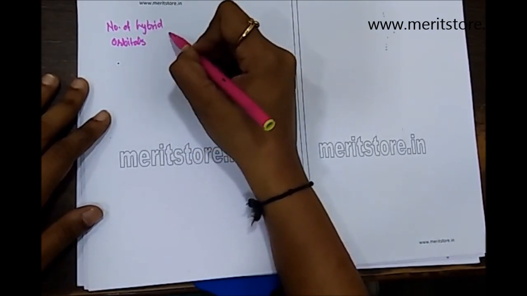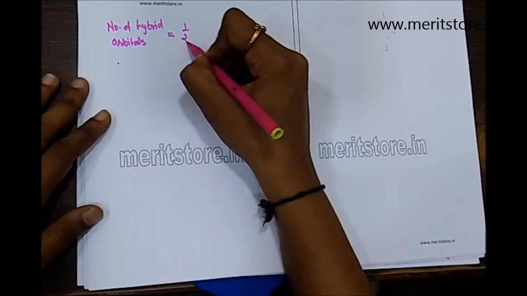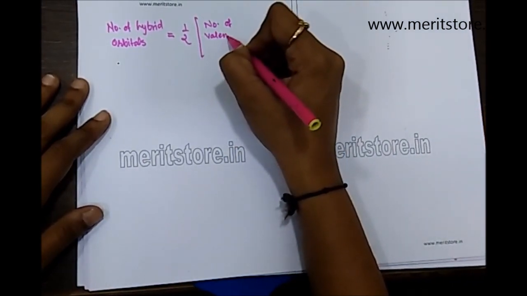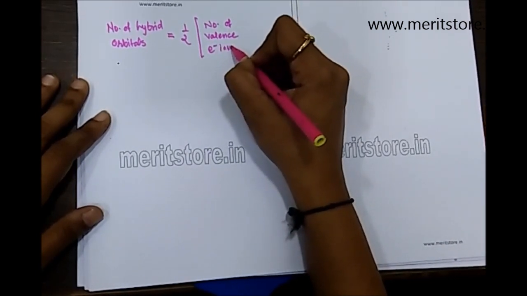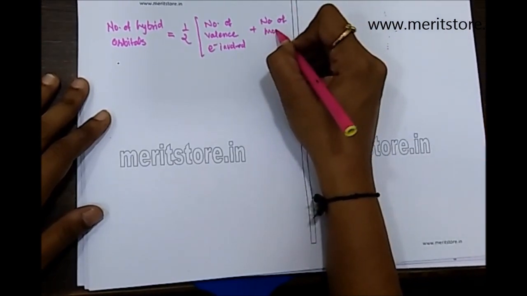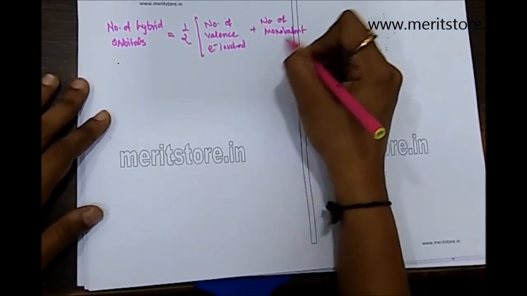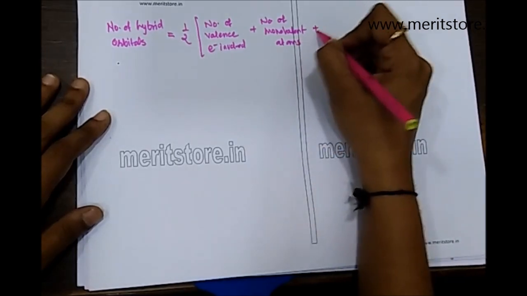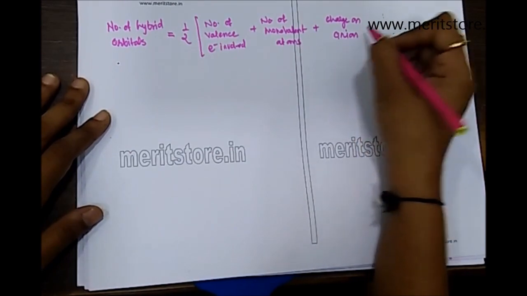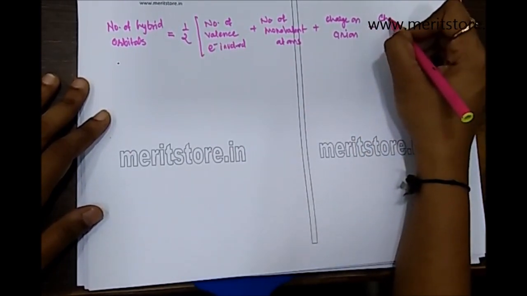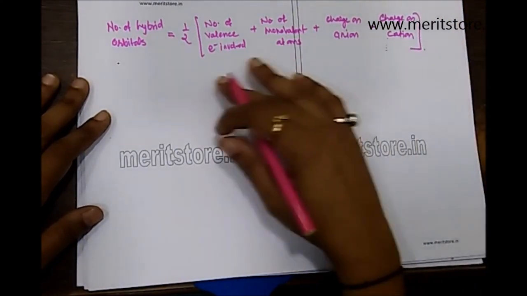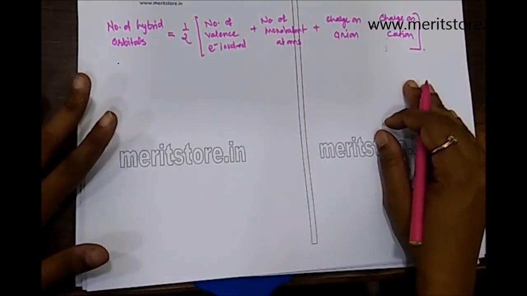So the number of hybrid orbitals will be equal to half into the number of valence electrons involved plus the number of monovalent atoms plus whatever is the charge on the anion if it is an anionic molecule, and you have to subtract the charge on the cation if it is a cationic molecule.